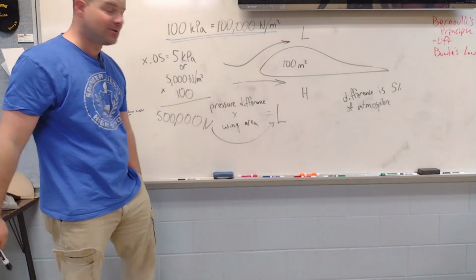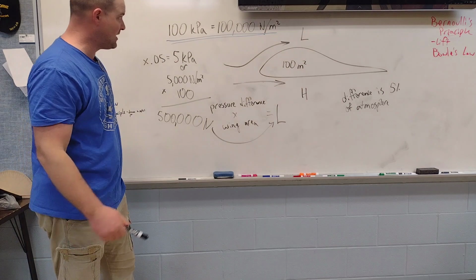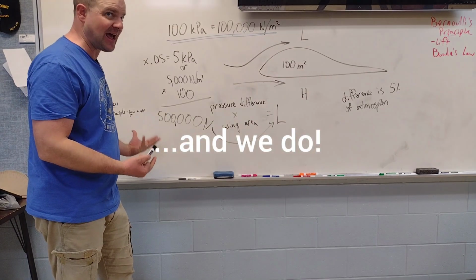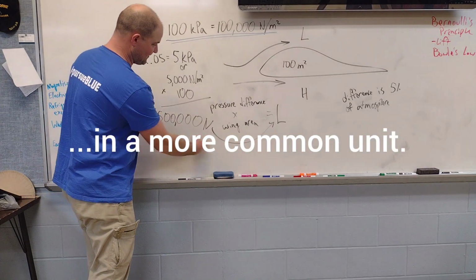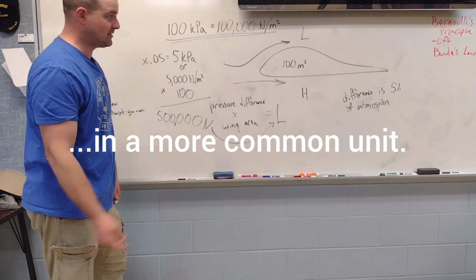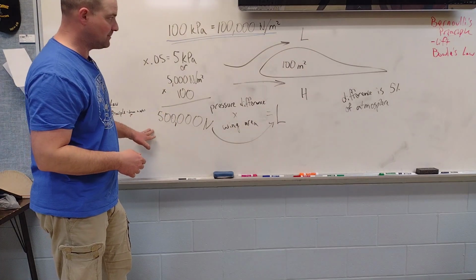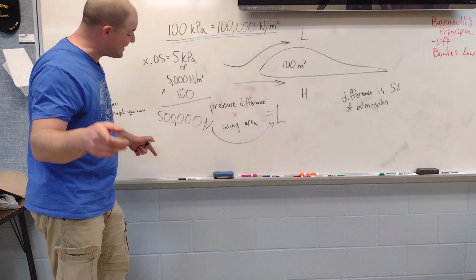Now we could go a step further if we wanted to and say, okay, how much weight is that? You would take your 500,000 newtons to find out how much weight that wing could lift. Of course, that would have to include the weight of the wing.